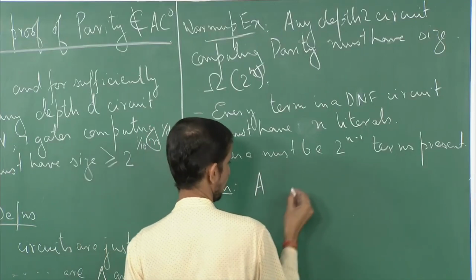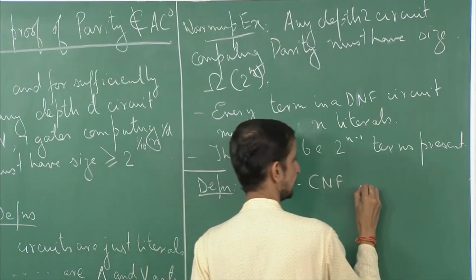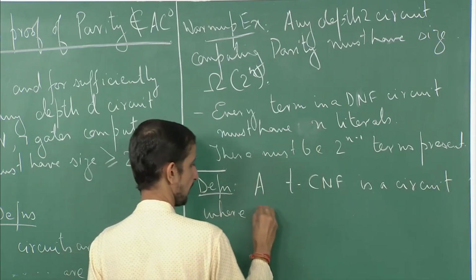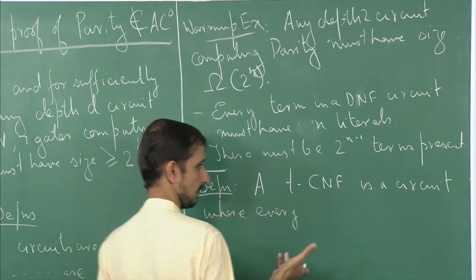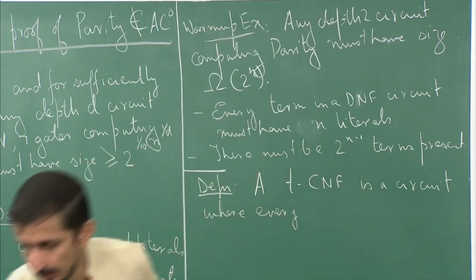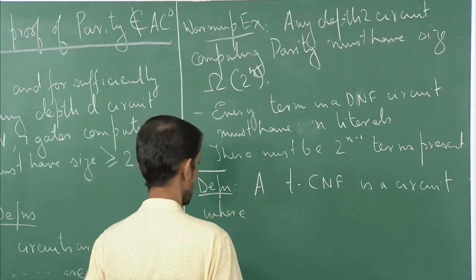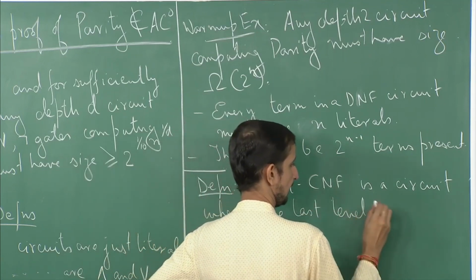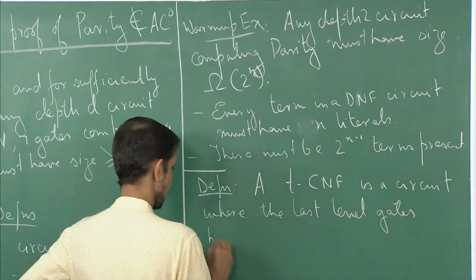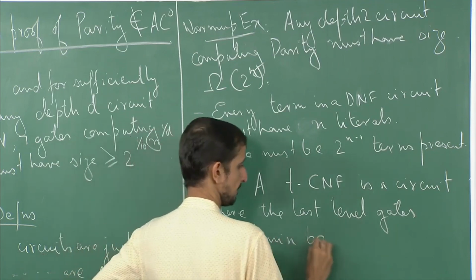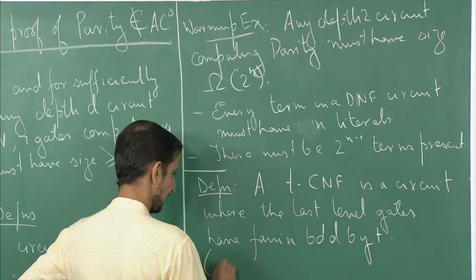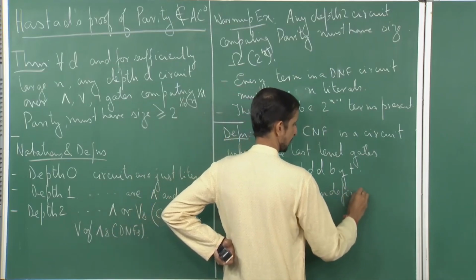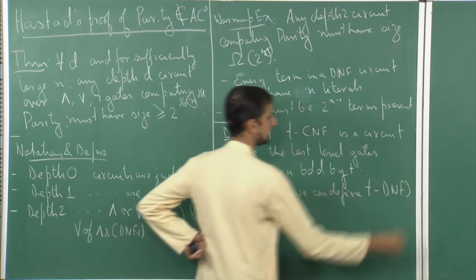Let me call it T. A T-CNF is a circuit where the last level gates have fan-in bounded by T. Similarly, we can define a T-DNF.